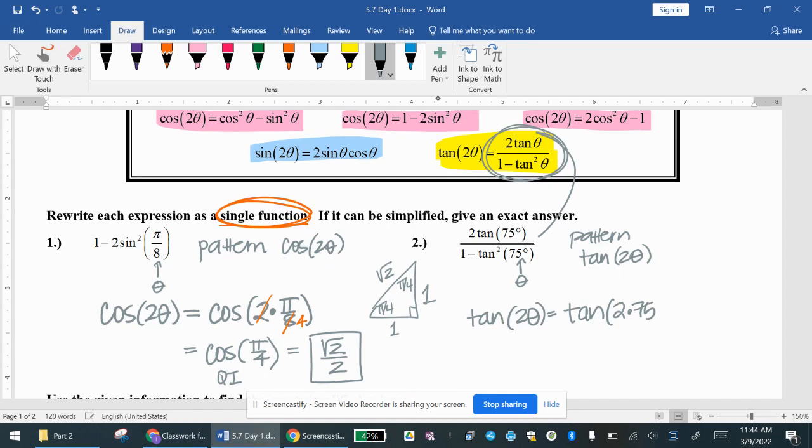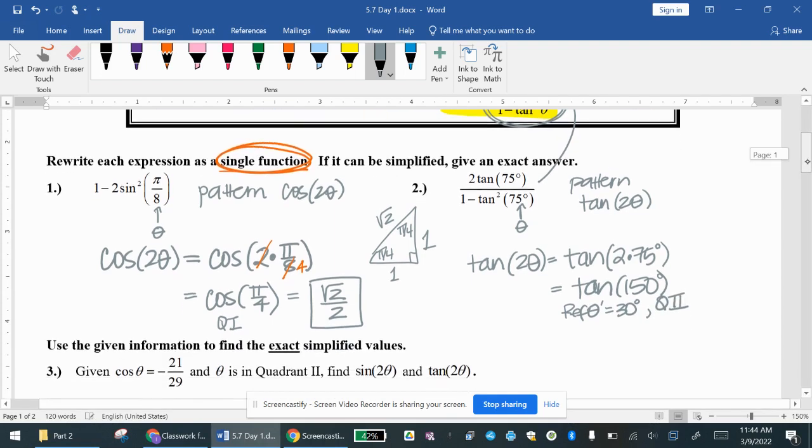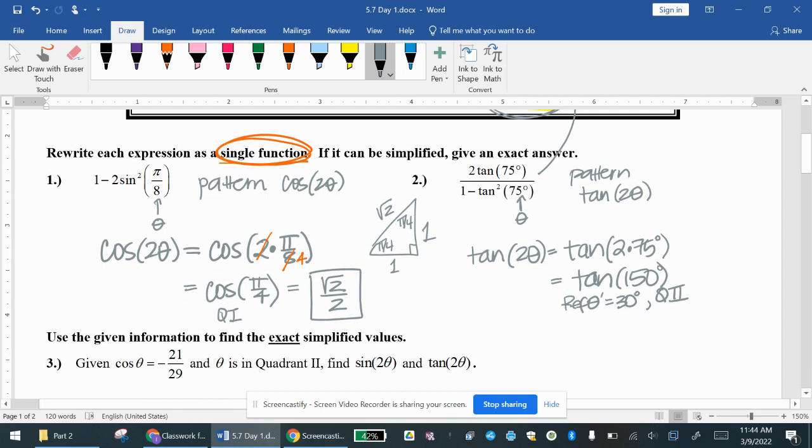What is 2 times 75 degrees? That would be 150. Now 150 has a reference angle of 30 degrees, and it's in quadrant 2. Since it has a reference angle of 30 degrees, it's 30 degrees away from 180.